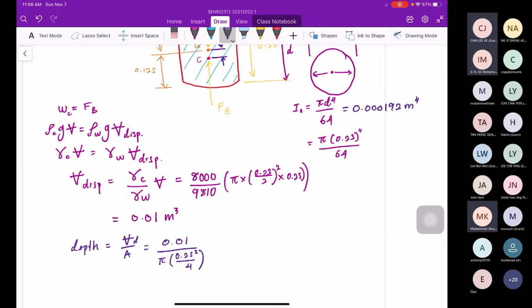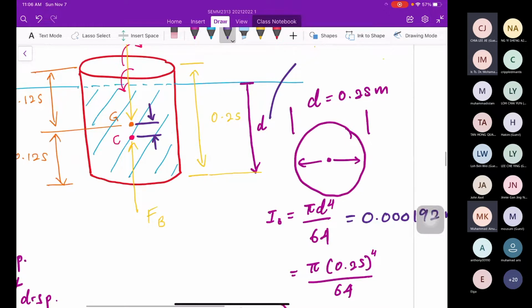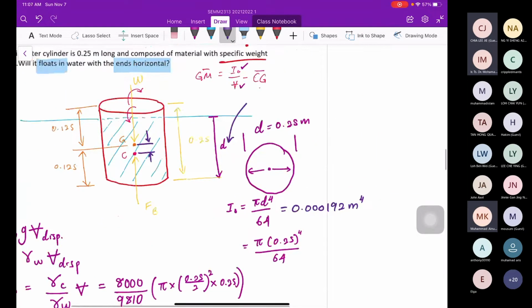Alright, this is the area of the circle. You will get the depth to be 0.204 meter. So the depth here now is 0.204 meter.